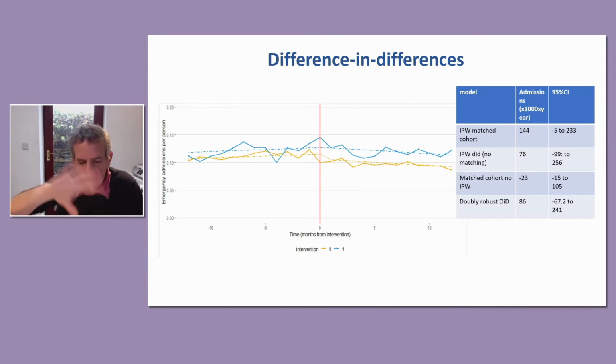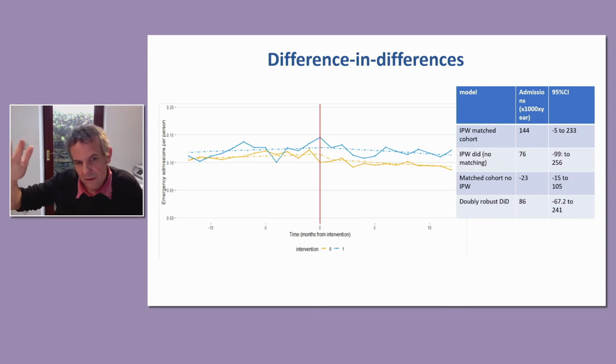And then we look at comparing the trend in admissions between the intervention group and that comparison group, and that's what's shown in this chart here. We can see that before the intervention time point, they have a very similar trajectory in terms of admissions, and there's not really much change after that time point.